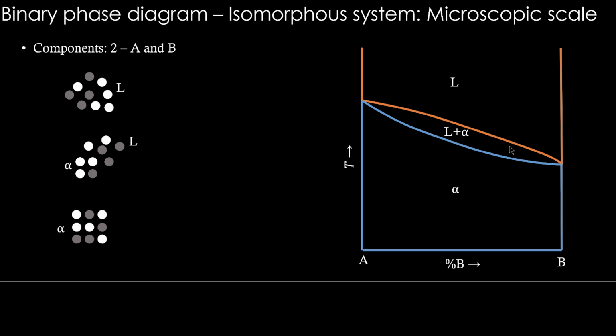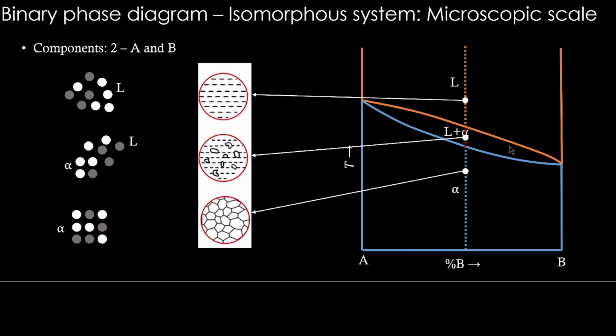Let's look at the microscopic view. Let's consider different temperatures. At high temperature it's all liquid, and there is a temperature range over which liquid and solid are stable, and below that temperature it's all solid. So how does the microscopic structure look? Let's choose these three temperatures at this composition, and this is how the microstructures will look. At low temperature we have complete alpha, so these are all grains of alpha.